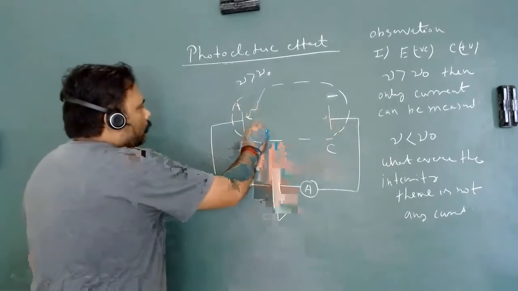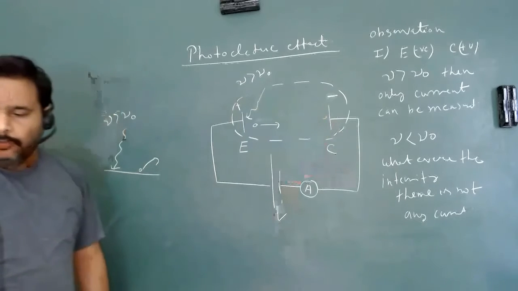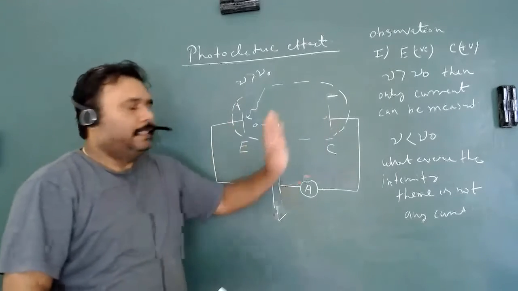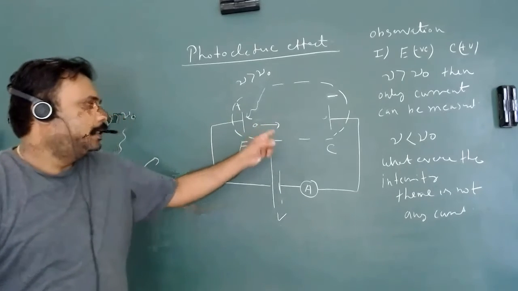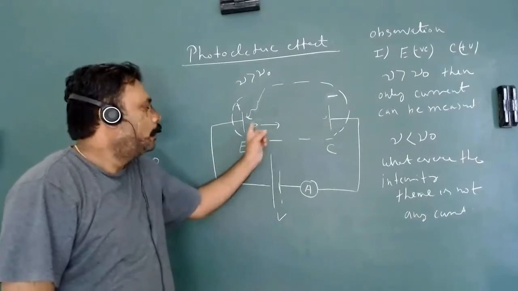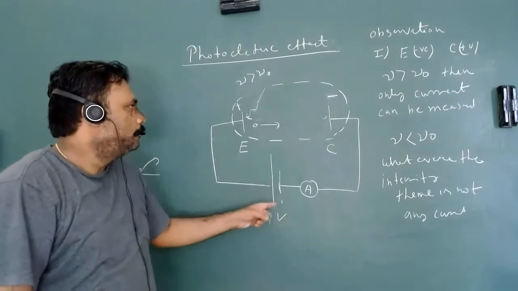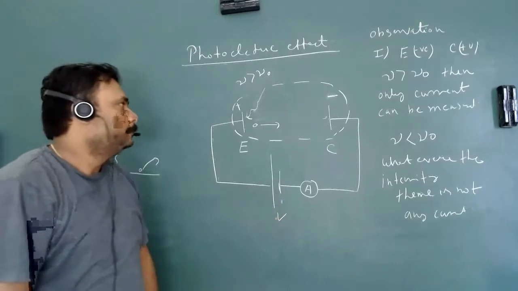So only those electrons will reach up to this level which have more kinetic energy. I am repeating it again: only those electrons will reach there which overcome this particular potential, which is a negative potential.